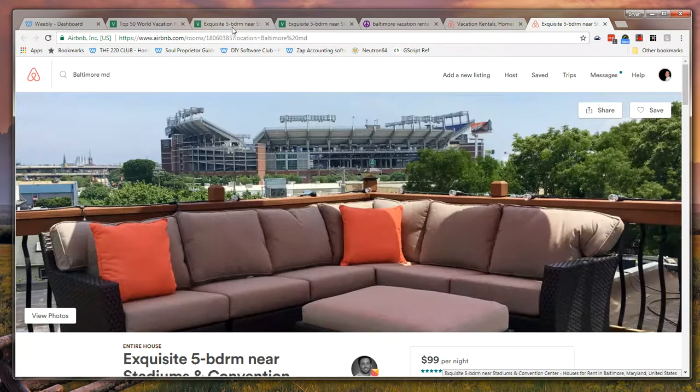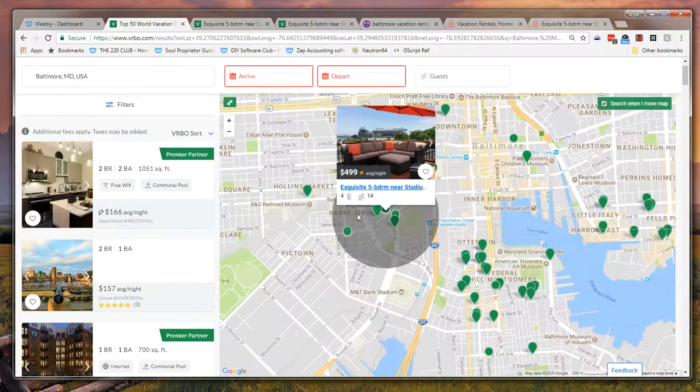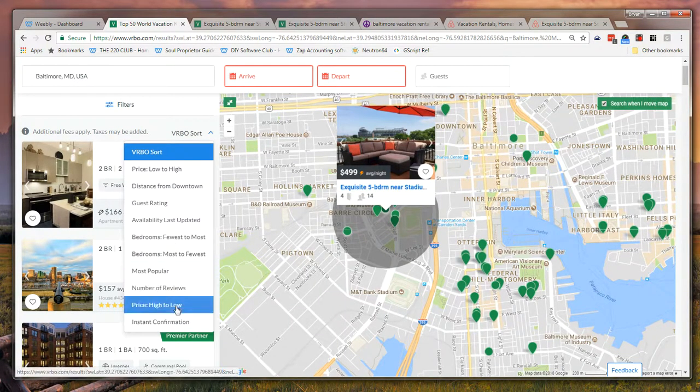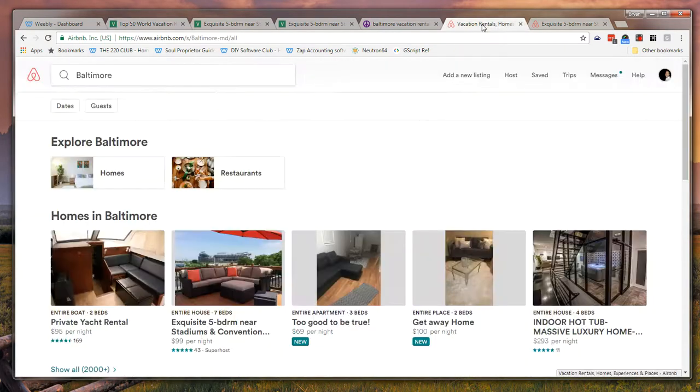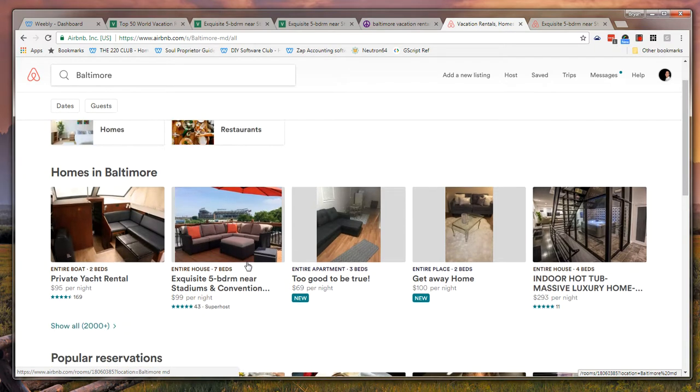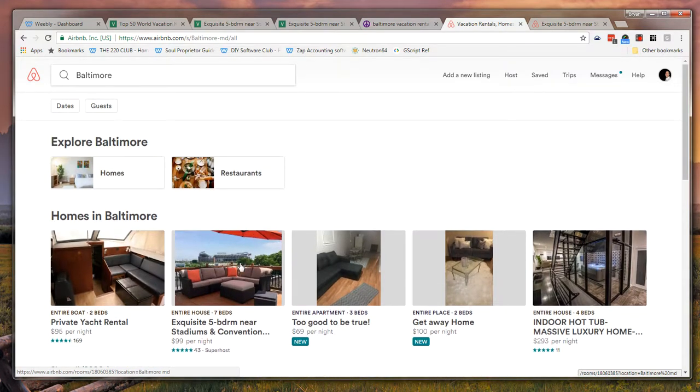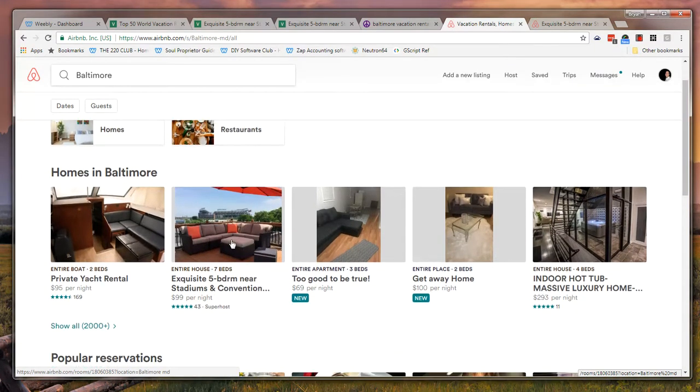His property shows up in a search over here when the search is set to review count, when he's got 0. And if you go to Airbnb and just type in Baltimore, this guy who's been in business in Baltimore for less than 9 months gets front page, and he has 43 reviews.